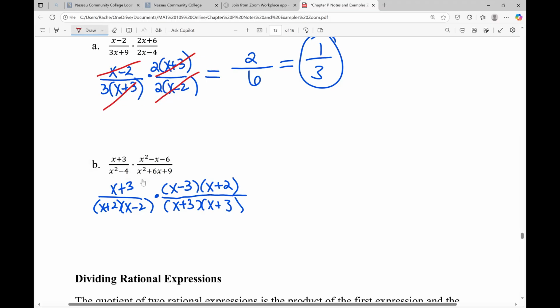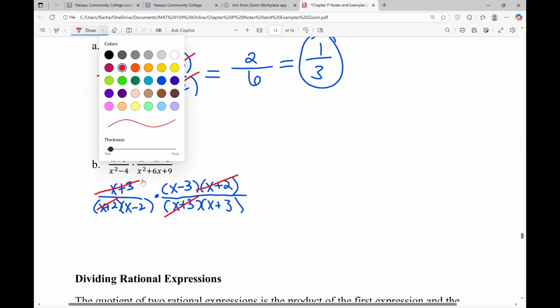So now we're ready to reduce by common factors. In the numerator, I have an x plus 3, and in the denominator, I have an x plus 3. And then I also see I have an x plus 2 in the numerator and an x plus 2 in the denominator. And that's about it in terms of my common factors.